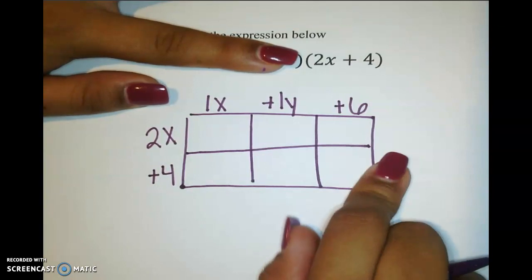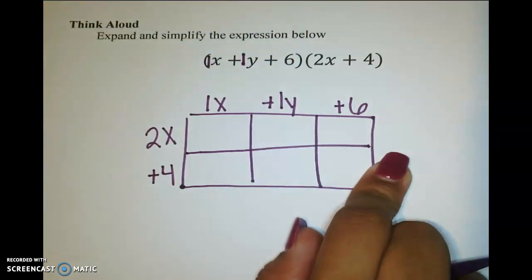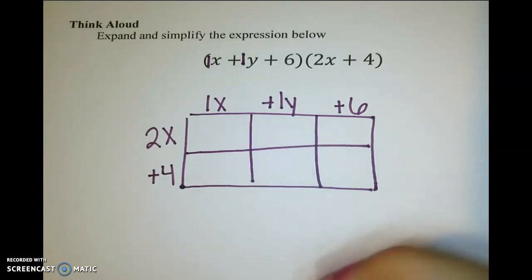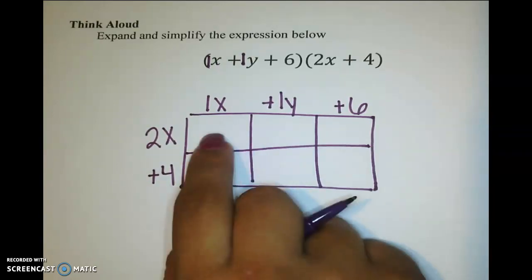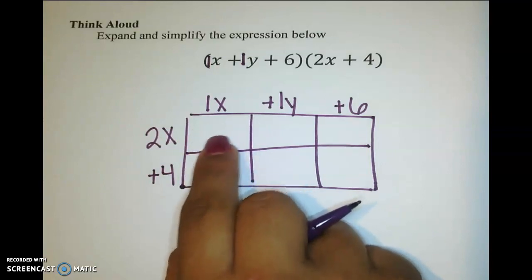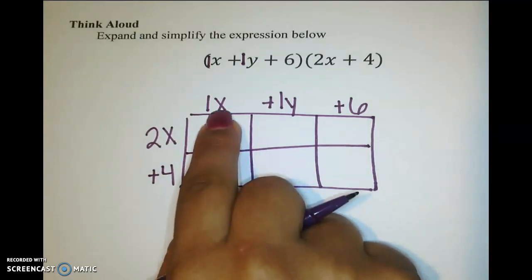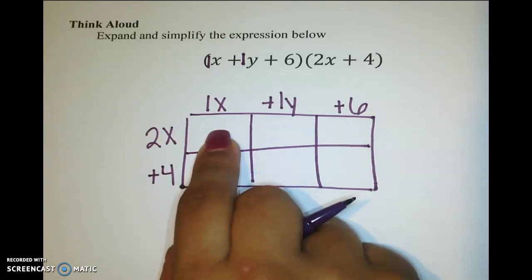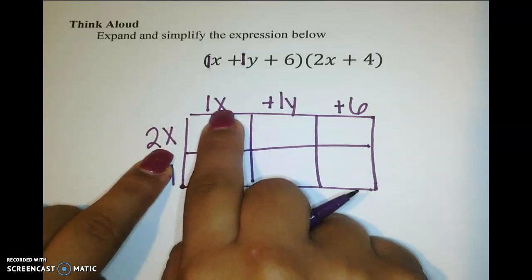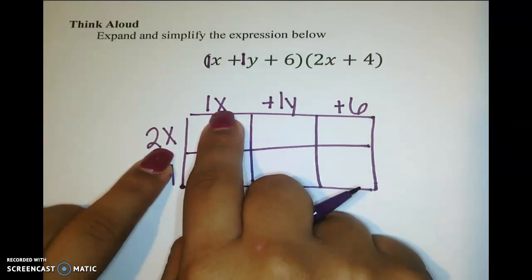Now, I am set to use my tabular method. In order for me to do this, I'm going to be finding the area of each square. So let's say we're talking about this square right here. That means I'm going to go all the way up to the outside, and I see it's 1x. And then I'm going to go to the side, it's 2x, and I'm going to be multiplying those together. The best way to multiply is to first multiply the coefficients.